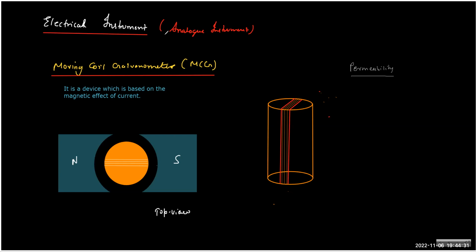The way we can represent this: from the North Pole, the lines of force will be radial to this iron core, and it will terminate on the South Pole.